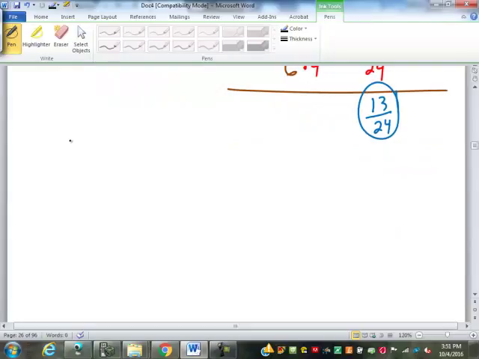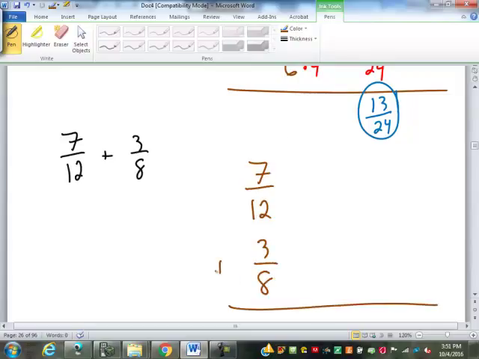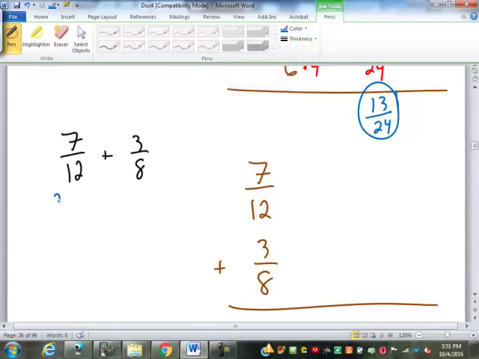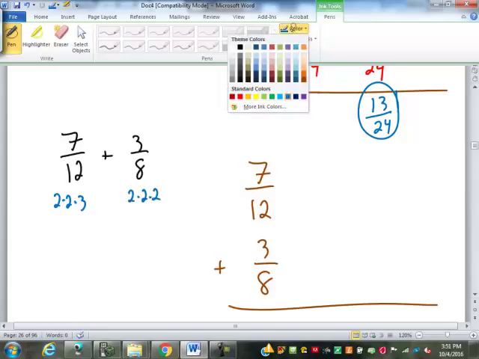How about 7/12 plus 3/8? Common denominator. I could factor them out. 2 times 2 times 3, 2 times 2 times 2.